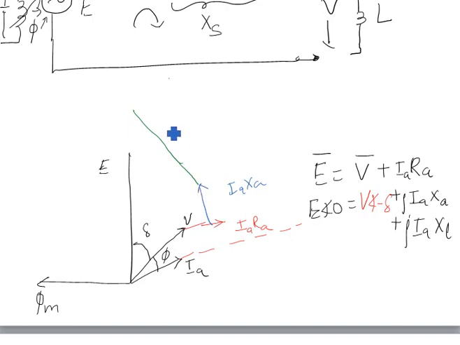This is IA XL. These are all in a straight line, because there is a small gap here that is why I am not able to, and this should be perpendicular. So this all will be in a straight line, and this will go to match this EMF E.